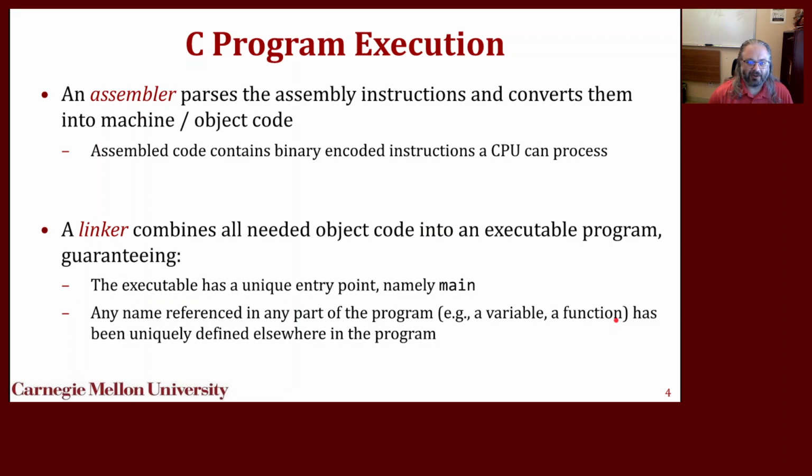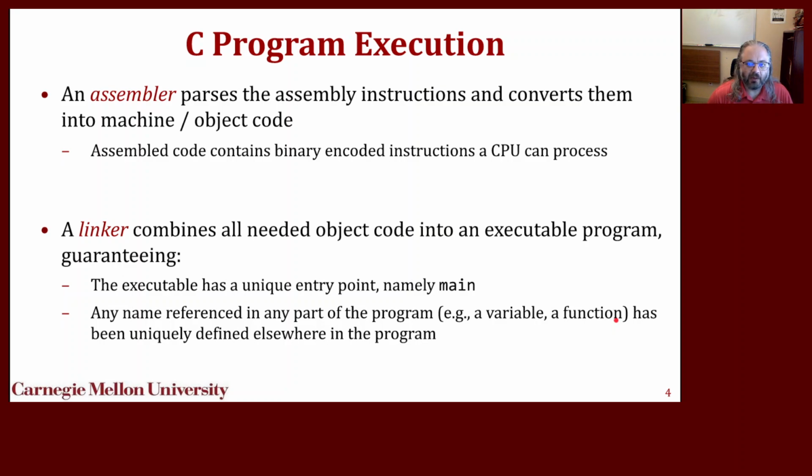So this is mapping yet another layer of abstraction down from assembly language, which is still somewhat human readable, into object code or binary code, which is only readable by a very small number of humans. It's not intended to be human readable, it's intended to be machine readable. So the output of the assembler is essentially code that could directly be run by the machine.